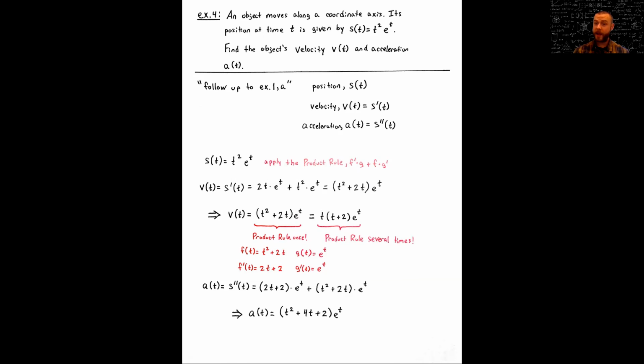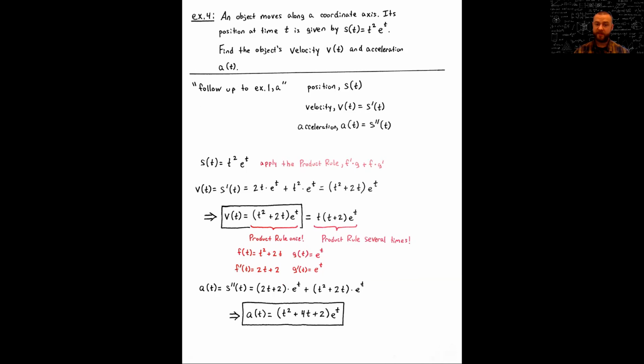So the two answers here would be the velocity function, which we found by differentiating s of t once, and then the acceleration, where we differentiated a second time to get the acceleration as a second derivative. All right, so again, make sure you understand what I was advocating. Don't necessarily simplify all the way.